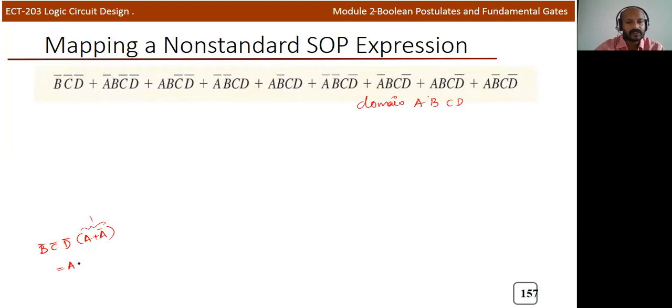Expanding, you get a, b bar, c bar, d bar plus a bar, b bar, c bar, d bar. So we can replace this particular term by using these two expressions, and this is one way we can include the missing term.